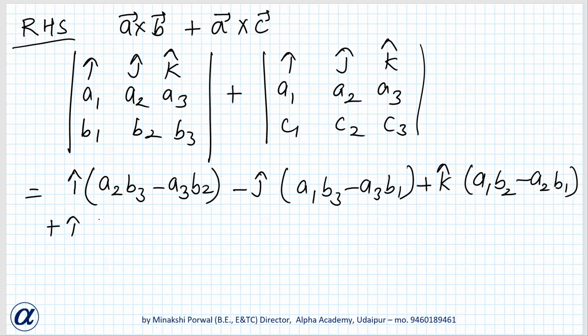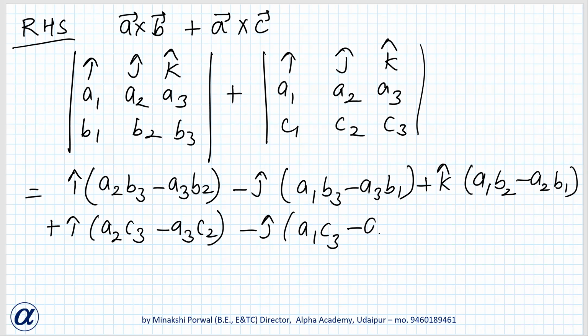plus I into A2 C3 minus A3 C2, minus J into A1 C3 minus A3 C1, plus K cap into A1 C2 minus A2 C1.